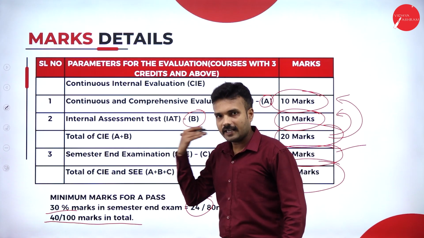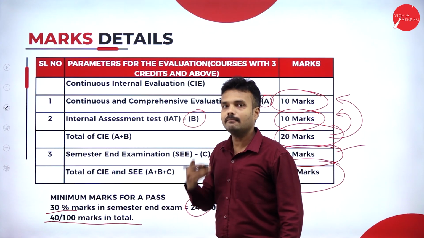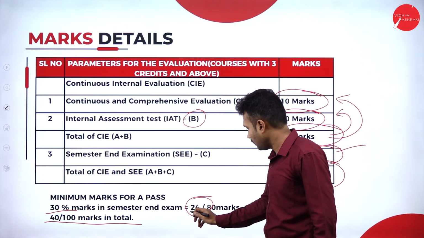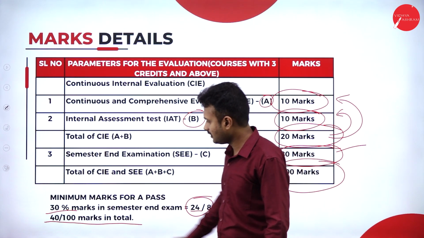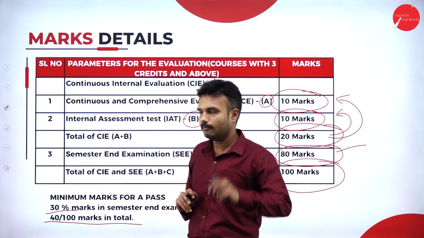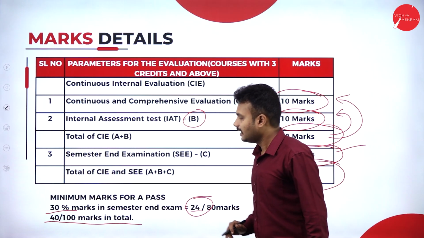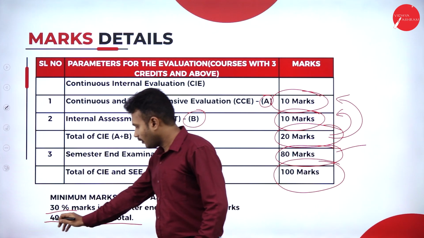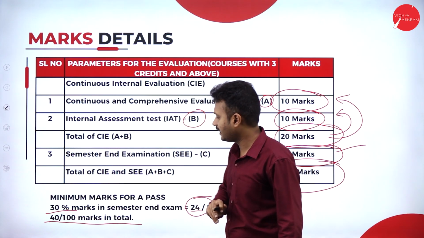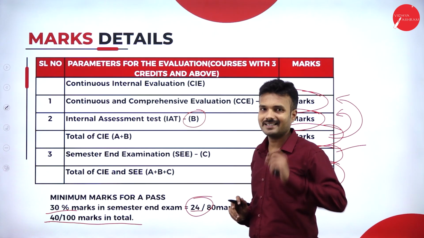I repeat, in the final exam for 80 marks, you must score a minimum of 24 marks to qualify in this paper, that is 30% of 80 marks, and overall, including the internals and the externals, you have to score 40 marks out of 100 to get qualified in this paper.